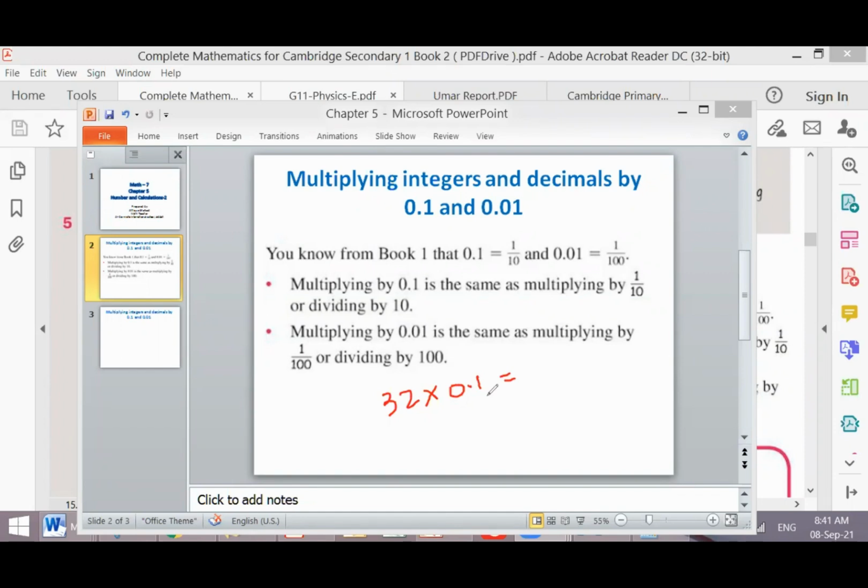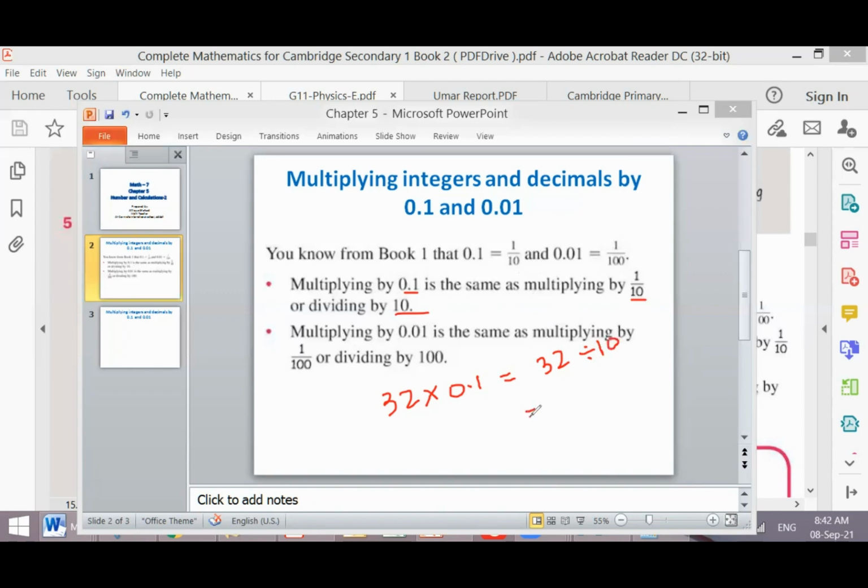I have just explained that multiplying by 0.1 is the same as multiplying by 1 over 10, or dividing by 10. So I will just write 32 divided by 10.